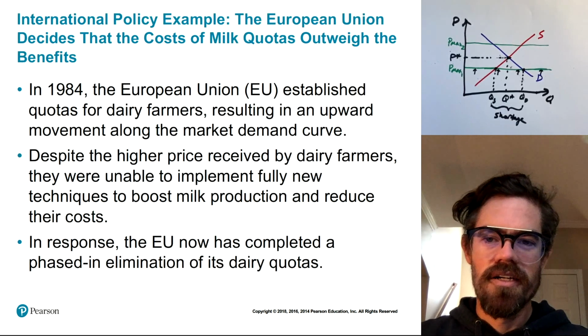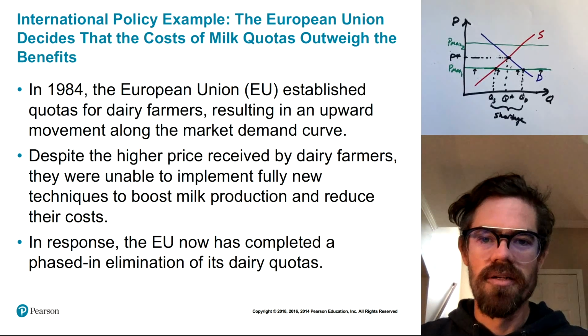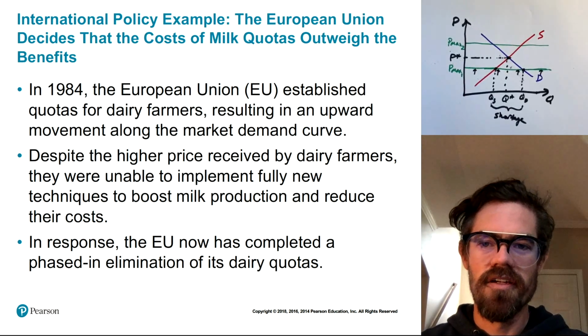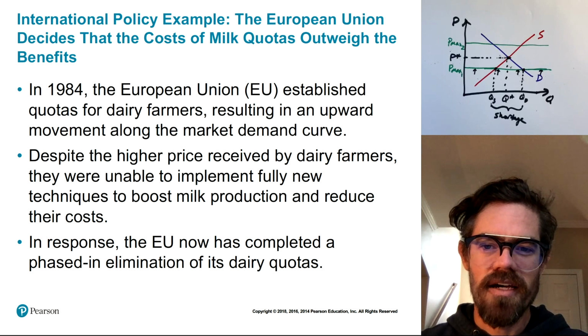All right, so let's look at one other international policy example. So the European Union decides that the costs of milk quotas outweigh the benefits. So in 1984, the EU established quotas for dairy farmers, resulting in an upward movement along the market demand curve. And despite the higher price received by dairy farmers, they were unable to implement fully new techniques to boost milk production and reduce their costs.